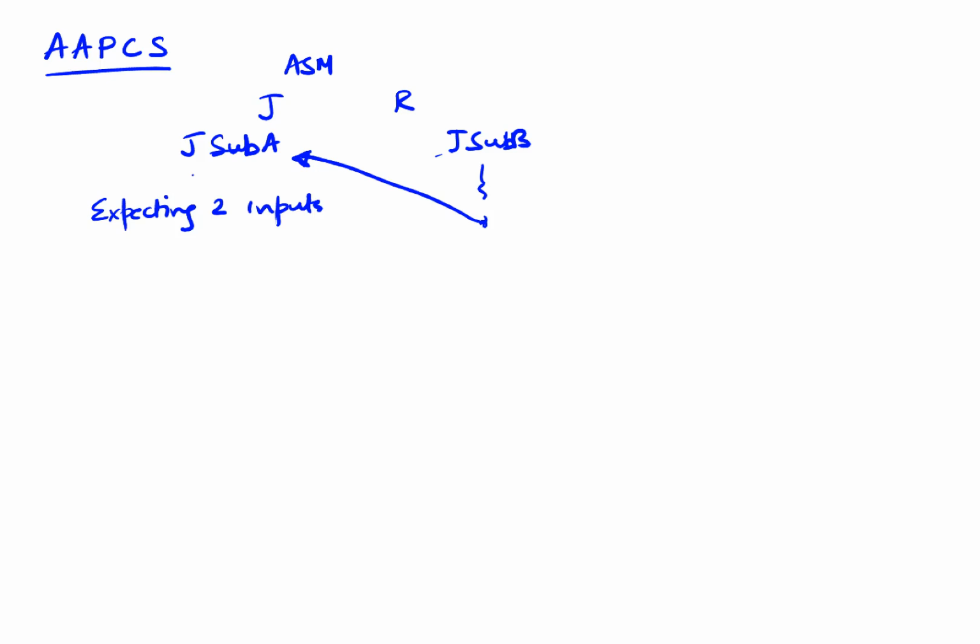We use registers to pass them, so we have to agree on which registers, and the standard helps us decide. The standard basically says that there is a rule for how parameters get passed.